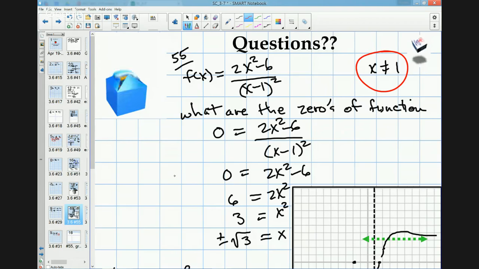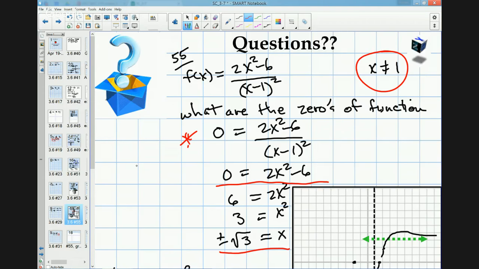In other words, I'm looking for the intercepts. I'm not doing any derivatives yet, just what are the intercepts? So if you just set the equation equal to 0, which is what I did right here, then you could multiply both sides by x minus 1 squared, and you would have this. And then you could add 6 to both sides. Okay, so there's two places where this thing crosses the x-axis.